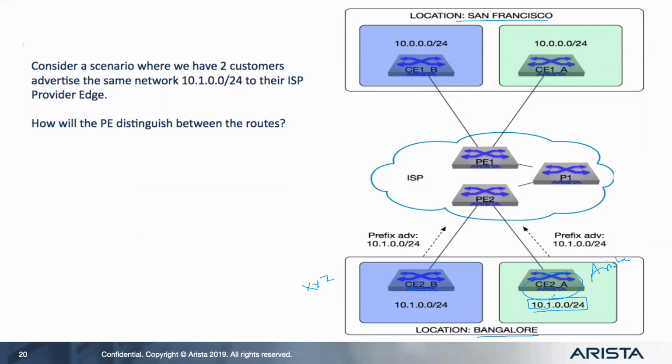What you want is to communicate between this 10.1.0.0 subnet and the 10.0.0.0 subnet, which is at the Arista HQ office. So you want to communicate between these two hosts. For that, you need to learn this route 10.0.0.0 through the ISP network.